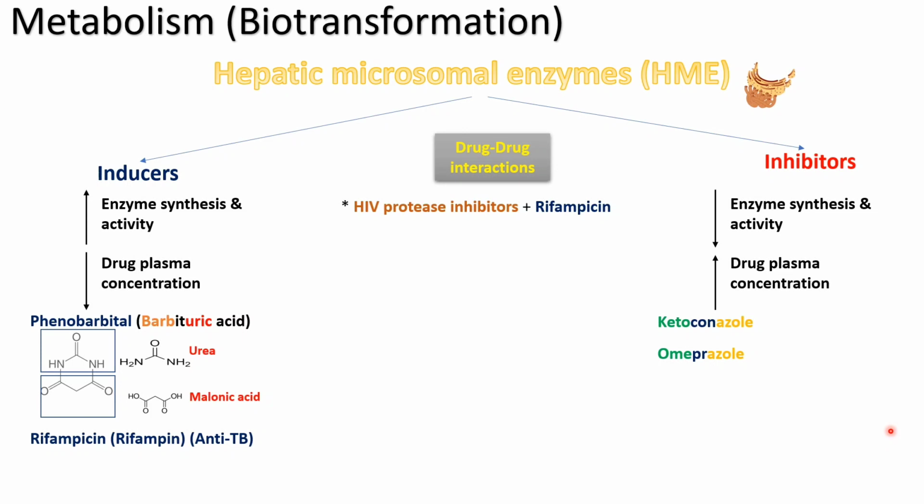Now let's see examples of these interactions. If we took a protease inhibitor, a drug that is used to treat human immunodeficiency virus, or HIV, with rifampicin, which is used to treat TB, and which we said is a hepatic microsomal enzyme inducer, we would expect that rifampicin would increase the metabolism of the protease inhibitor.